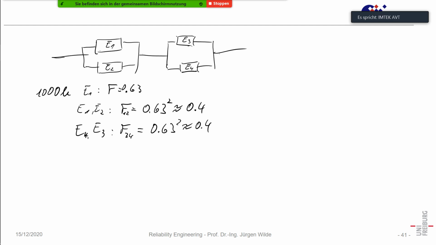And in that, we must say both must be reliable, so that if that is reliable and with that is reliable, so we can say R12 is 0.6, R34 is 0.6, and our system in that case is, what is it?